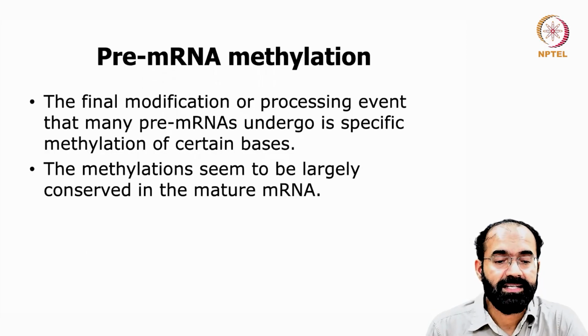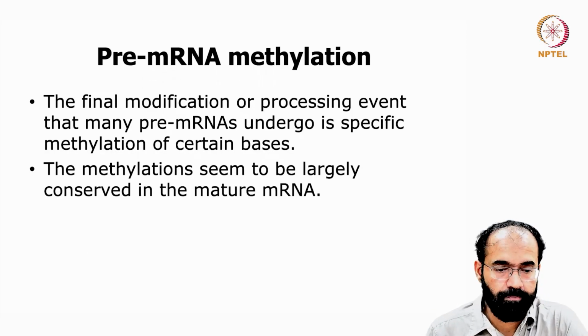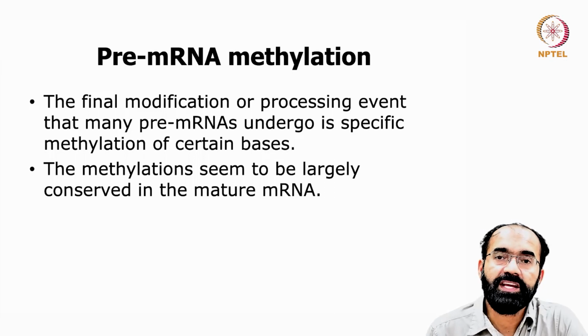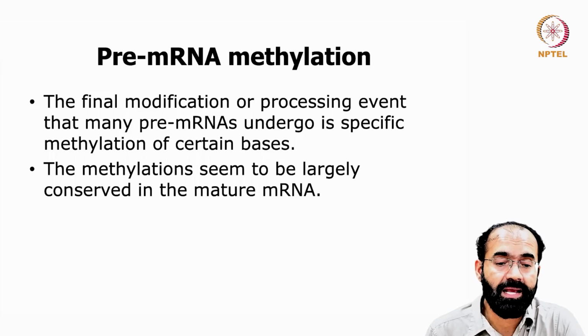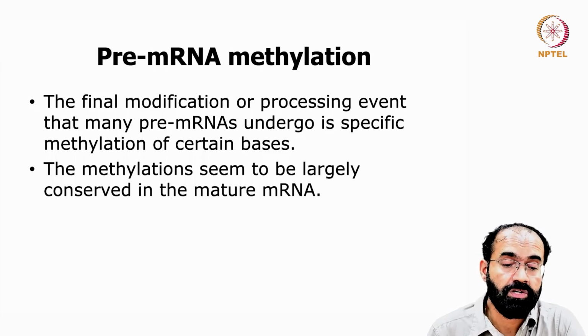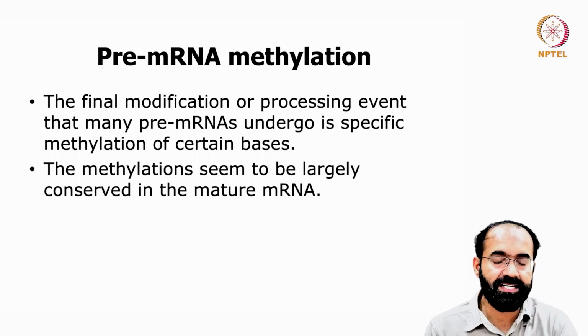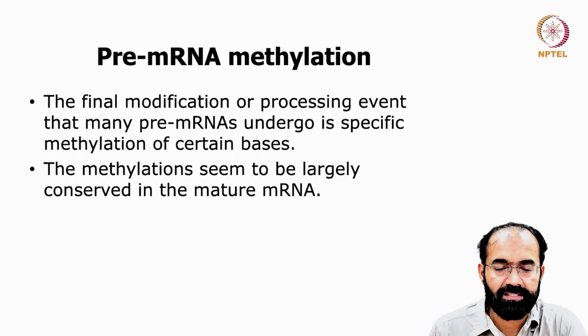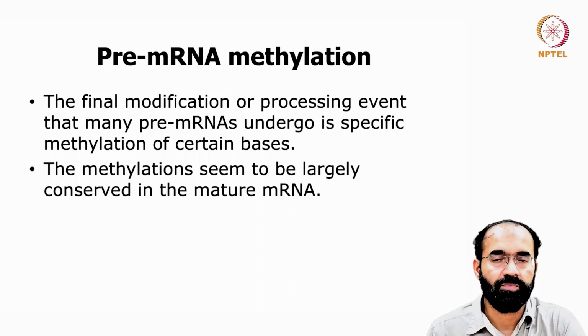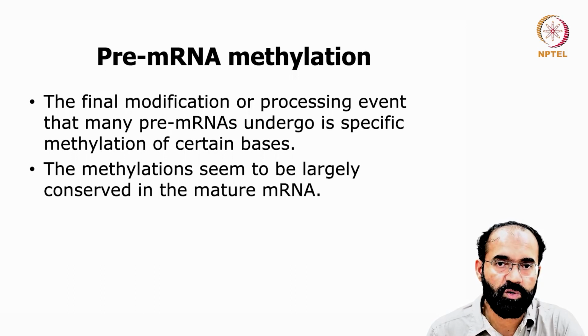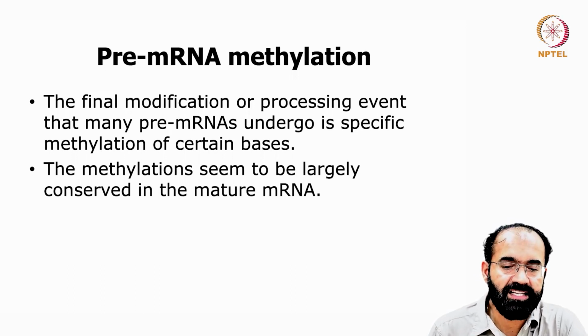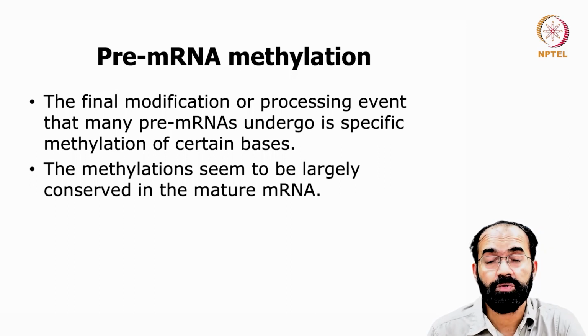And now let us see what pre-mRNA methylation is. The final modification or processing event that many pre-mRNAs have to undergo is specific methylation at certain bases, because the methylation makes sure that this RNA is targeted for a particular location, for a particular processing, etc. The methylation seems to be largely conserved in the mature mRNA.